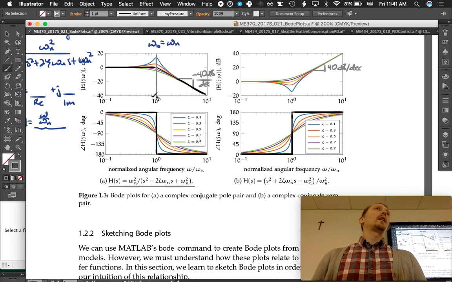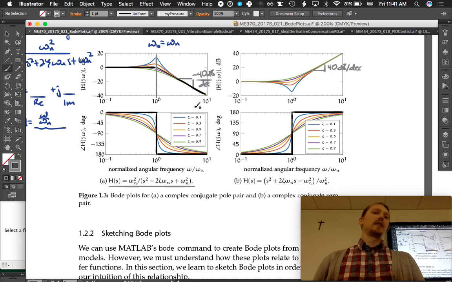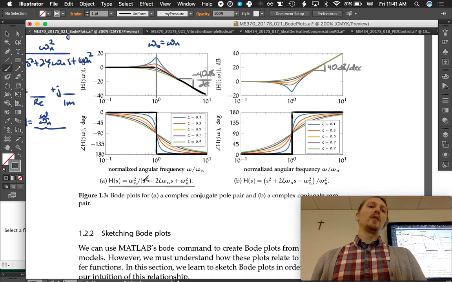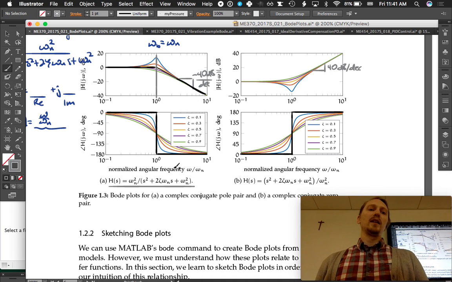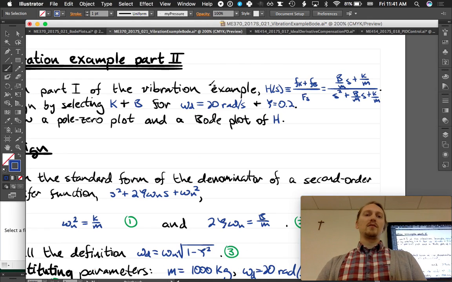This is the one that we know how to do the plots for. So we need one of these to be omega n squared divided by this. So let's go back over here and start with that.